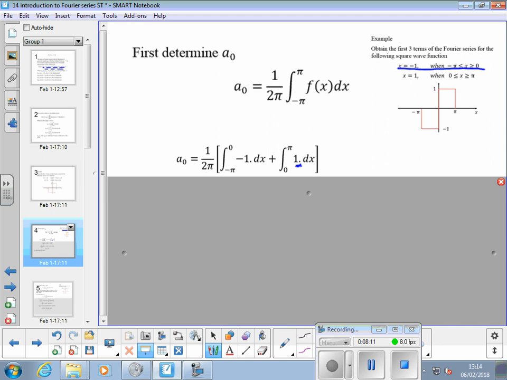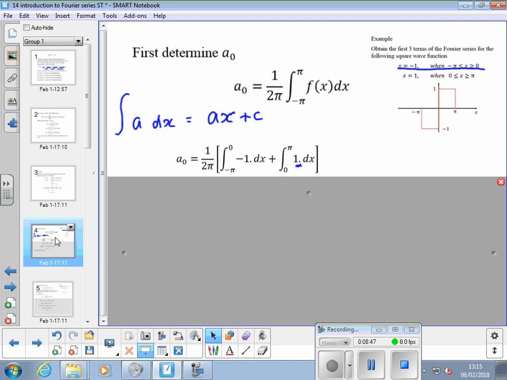The integral entry from the table that we want here is the integral of a dx is equal to ax plus C. Remember that from last year or not?